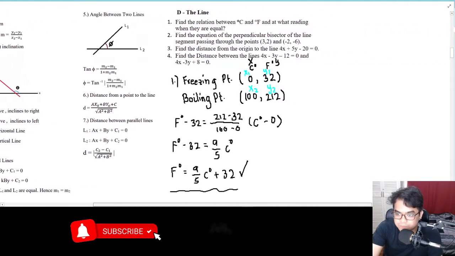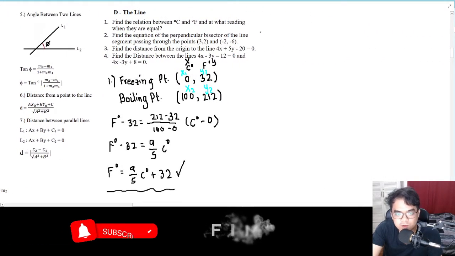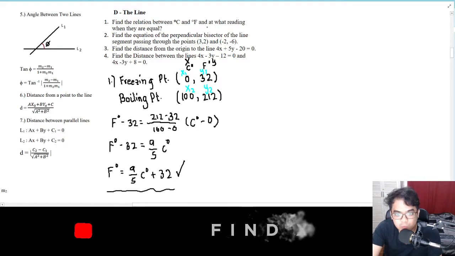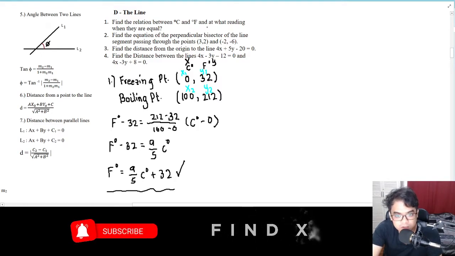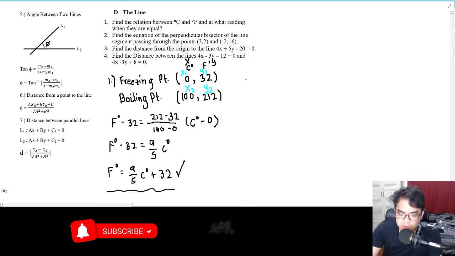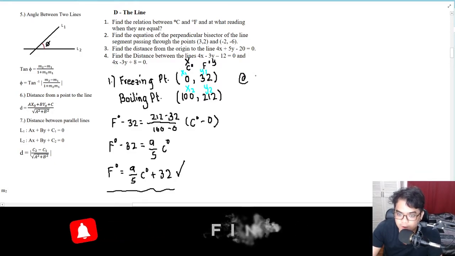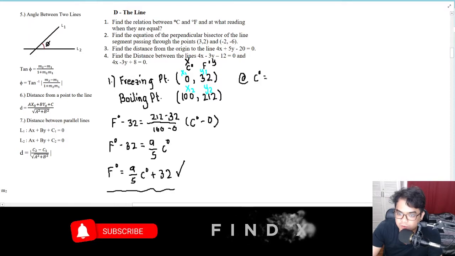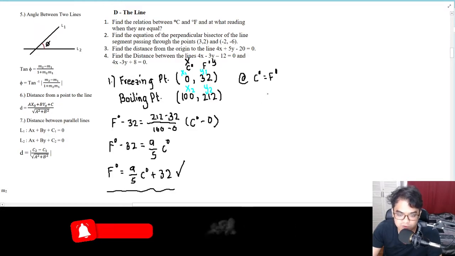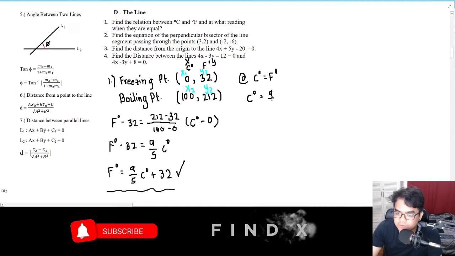The next one is we have to find at what reading they are equal. So if they are equal, therefore C is equal to F, then let's replace all the F with C. You'll have C is equal to 9 over 5 C plus 32.